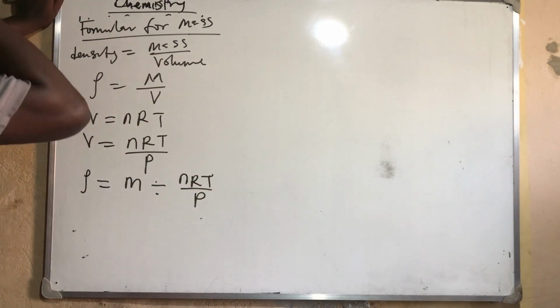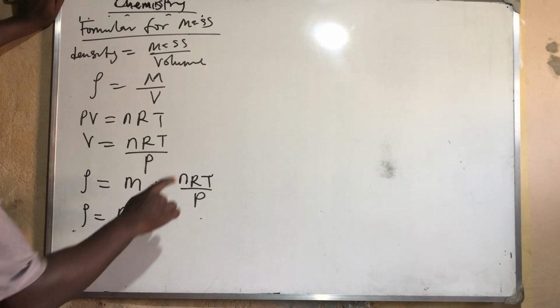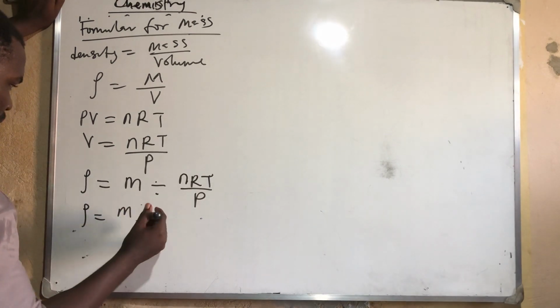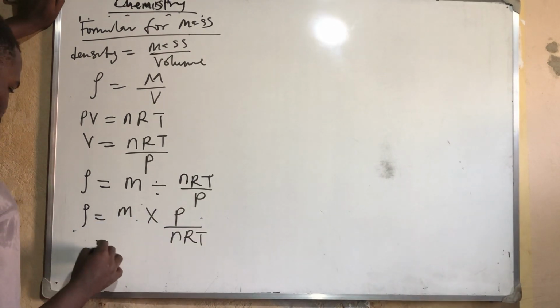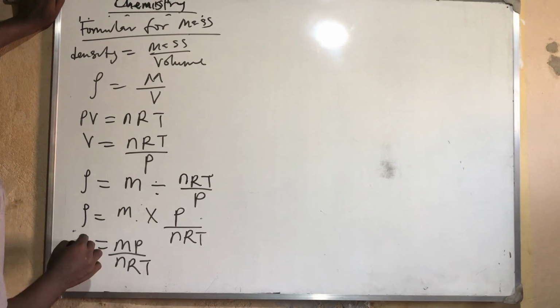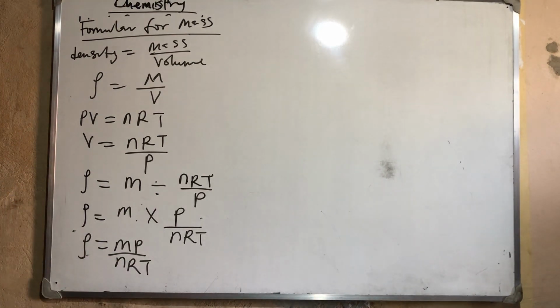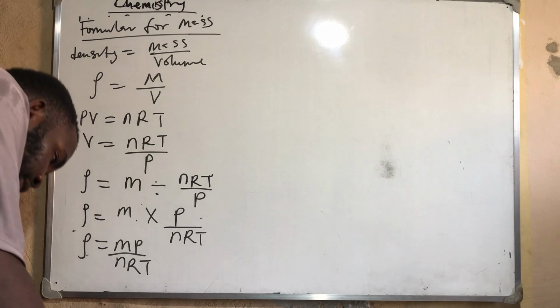So my rho is equal to m times P over nRT, which is MP over nRT. That is my density. From here, we want to make n the subject of the formula.